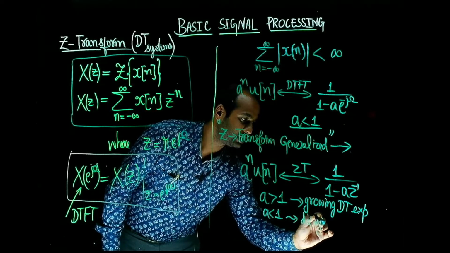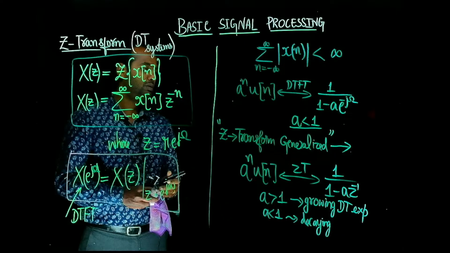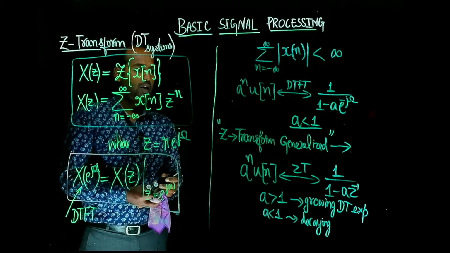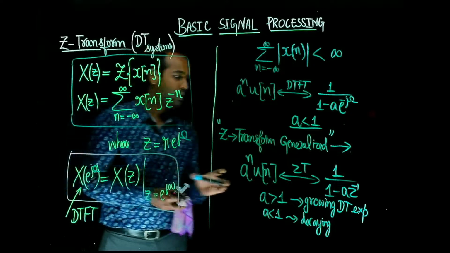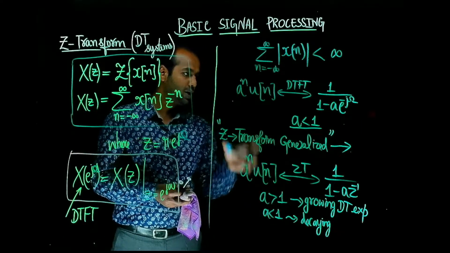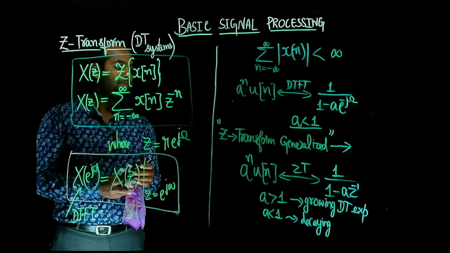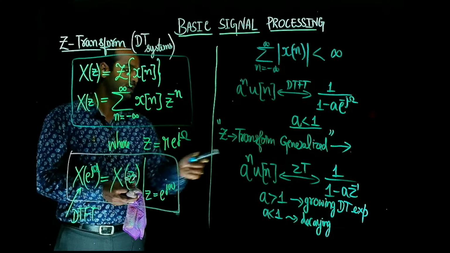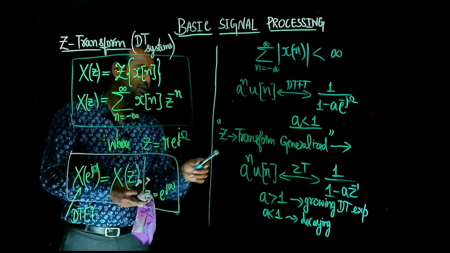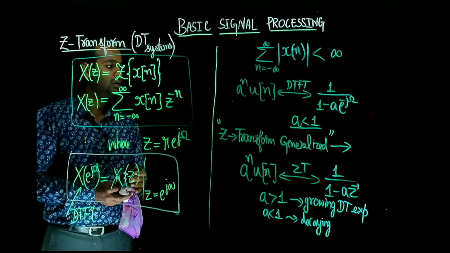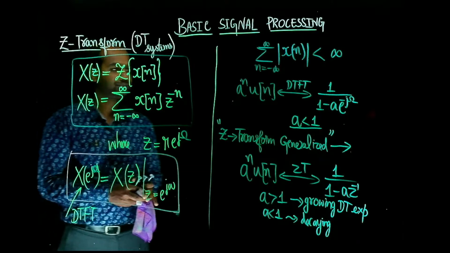Decaying exponential signals are absolutely summable. Similar to Laplace transform, the special case of Laplace transform evaluated on the imaginary axis results in continuous time Fourier transform. Same way, for digital systems, Z transform is a generalized representation.